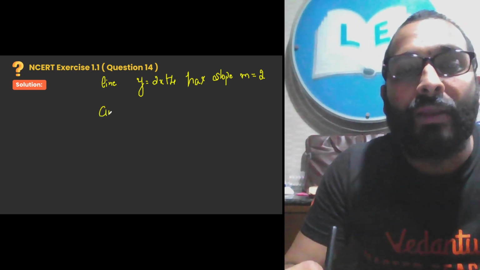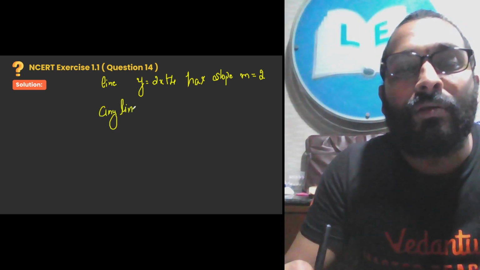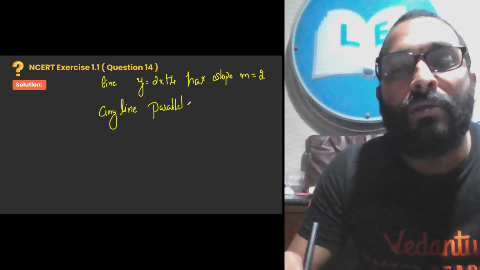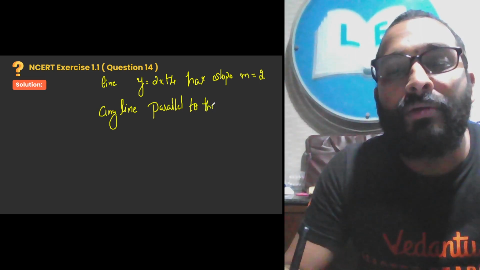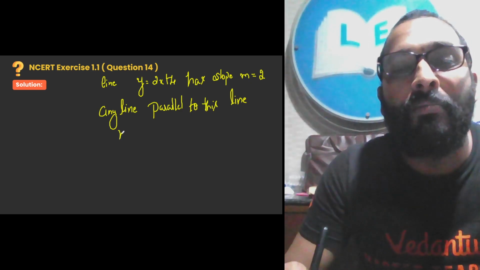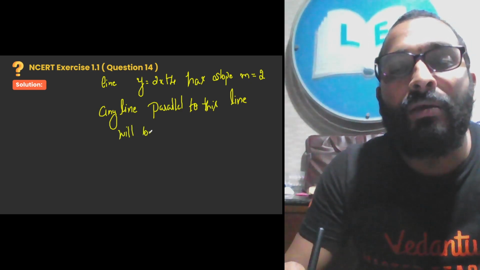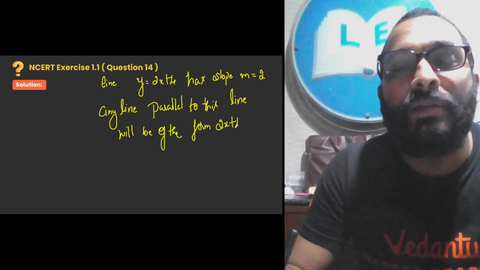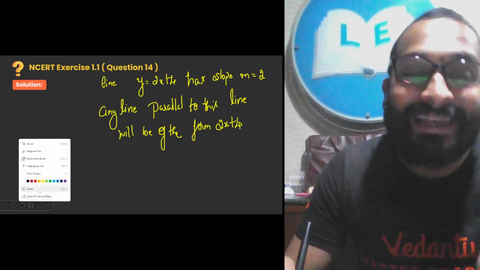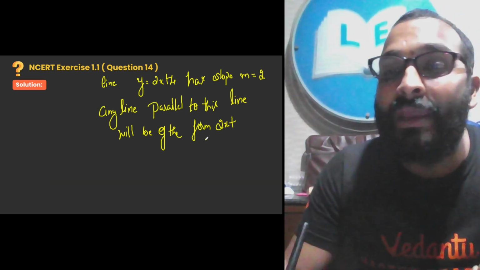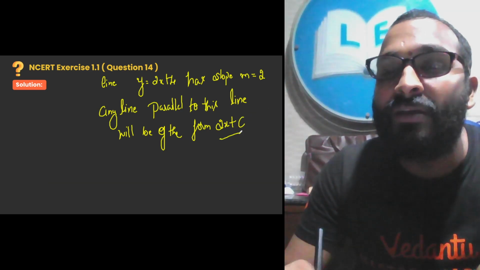So any line parallel to this line will be of the form, what will be the form, children? Will be of the form 2x plus c, because it will not be 2x plus 4, because the y-intercept will be different, whereas the slope will remain the same. So we can write 2x plus c.